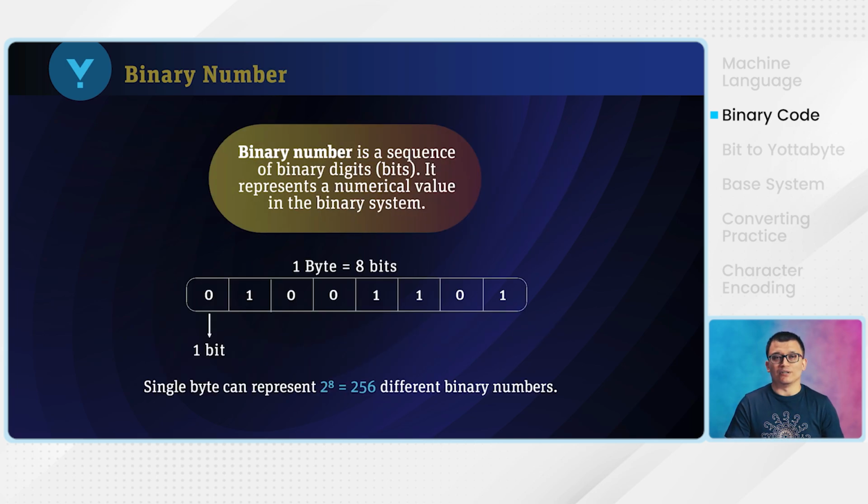And the binary number. A binary number is a sequence of binary digits. It represents a numerical value in the binary system. If you want to get the numerical value in the binary system, then you will need to know the binary number. In the binary system, 1 byte is equivalent to 8 bits. When you have those 8 bits, the sequence of those bits is a binary number.